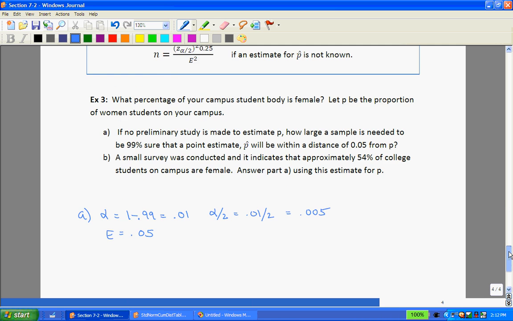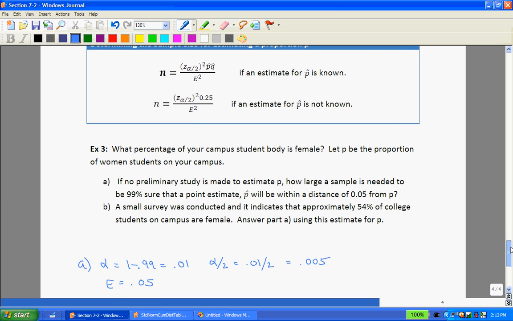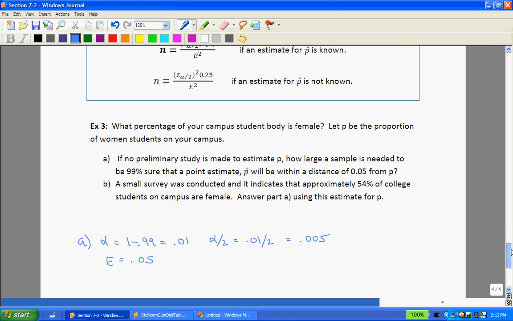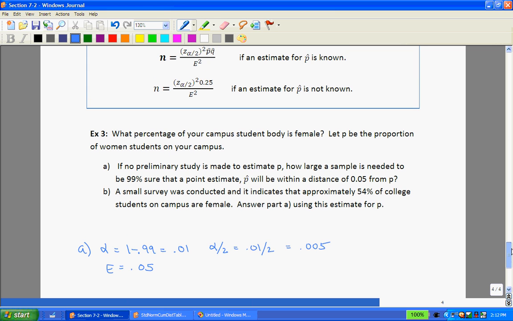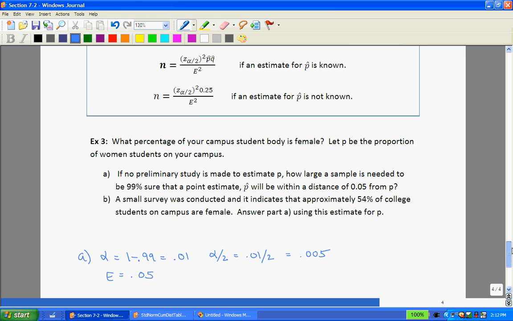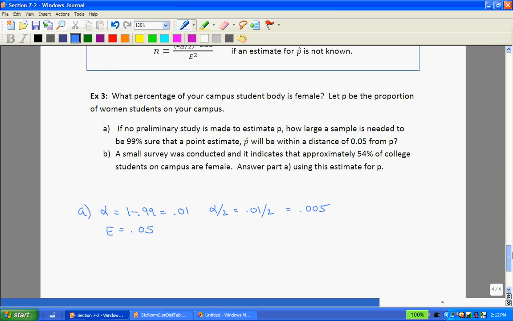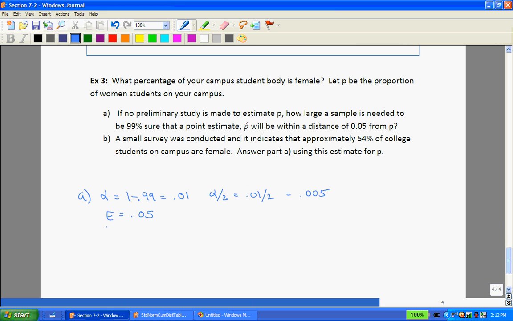0.05. Now in our formula for finding the sample size, we don't know p hat this time, so we're going to have to use the second formula. We know E, and we have to look up z alpha over 2, so let's do that. So I need to find z sub alpha over 2, which in this case is z sub 0.005, and we found this value before, but it doesn't hurt to practice looking it up.